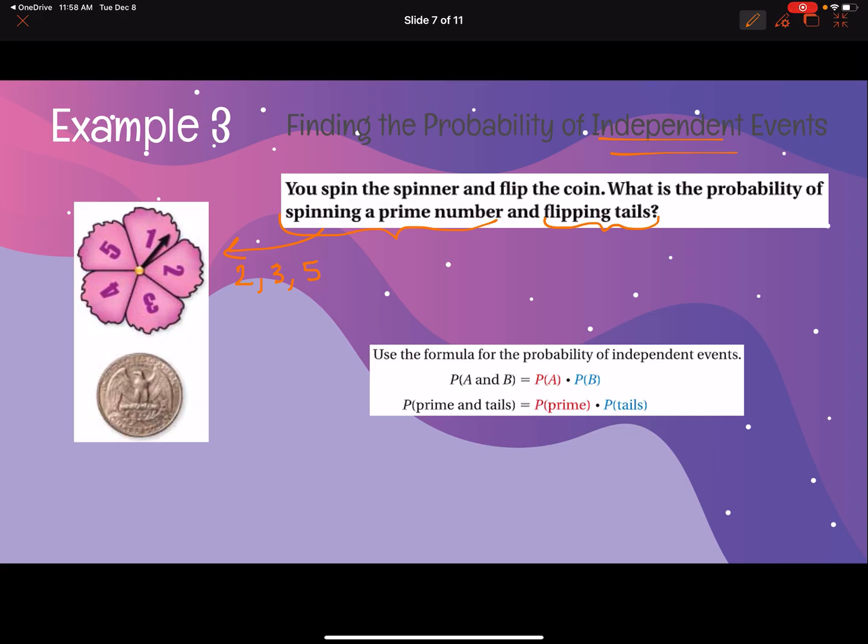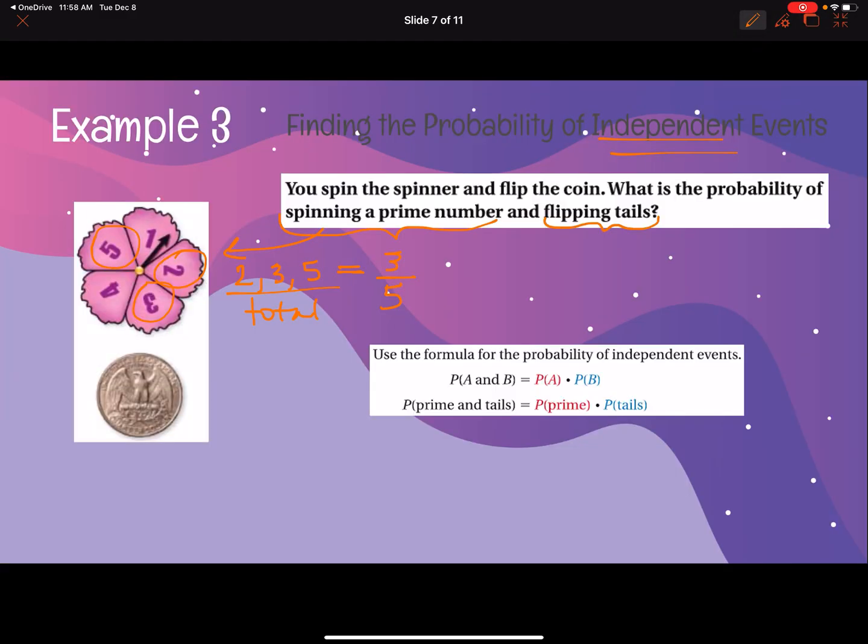So we have 2, 3, and 5 that fit this first criteria. Now, those are the number of favorable outcomes. How many total outcomes do we have? Total outcomes we have is 5. So the probability of spinning a prime number would be 3/5.